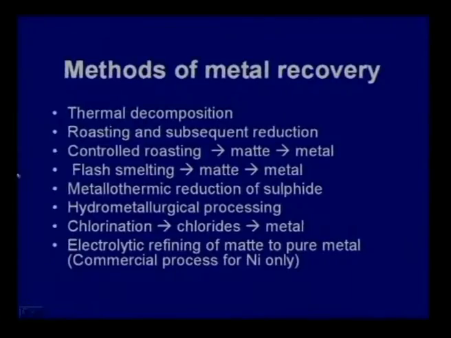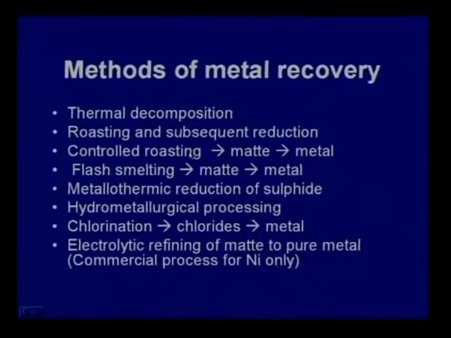In this case, the idea is not to roast copper sulphide to copper oxide and then reduce by carbon. It is a very different technique. Copper sulphides are often associated with iron sulphide, and if we try to roast them, iron gets oxidized in preference to copper. So, initially iron will start forming iron oxides.